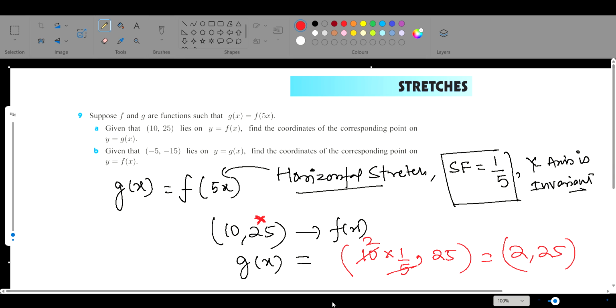The y coordinate will not change. Yes, that's right. Exactly. It will be -5 times 5, comma -15. So the coordinate will be (-25, -15). Wow, that's great. You understood.